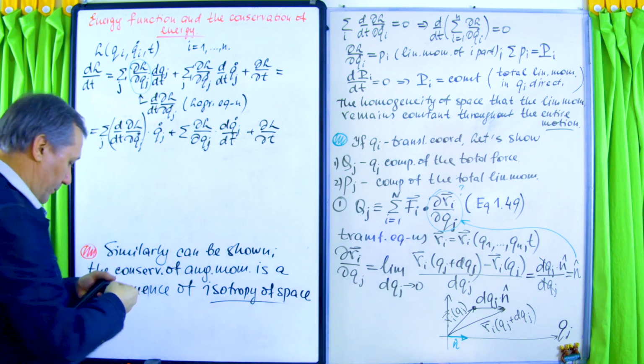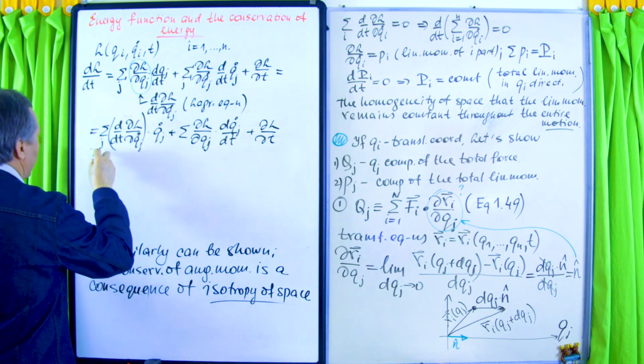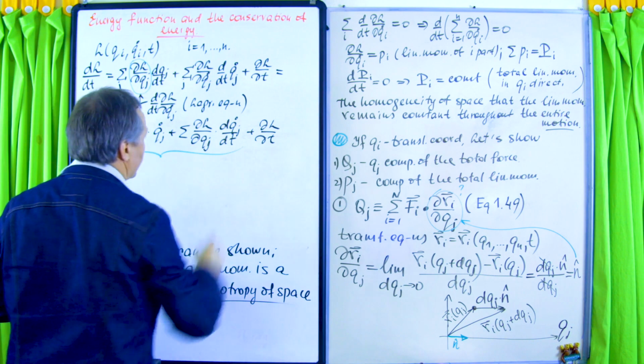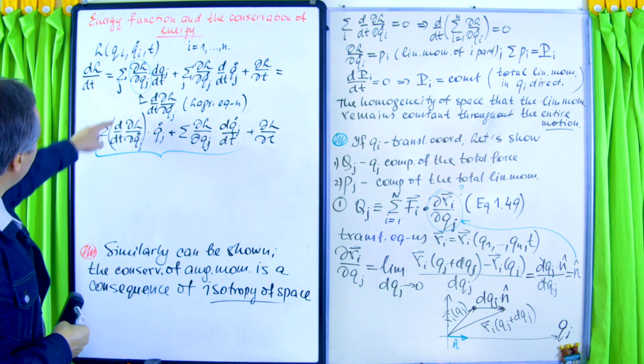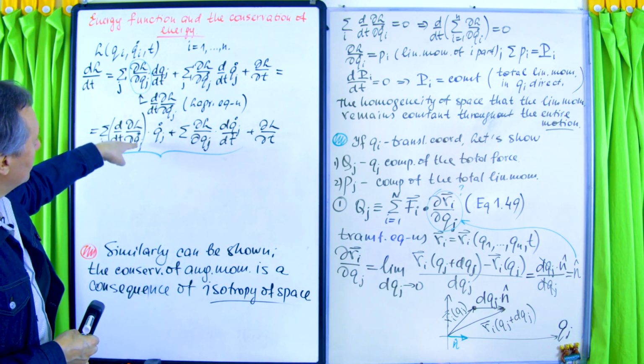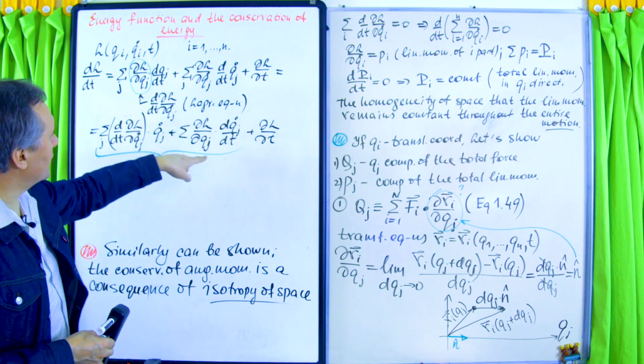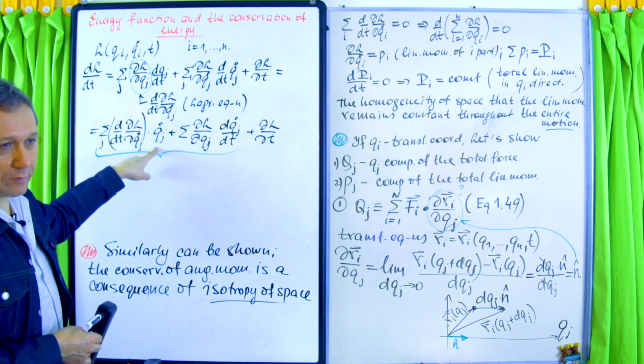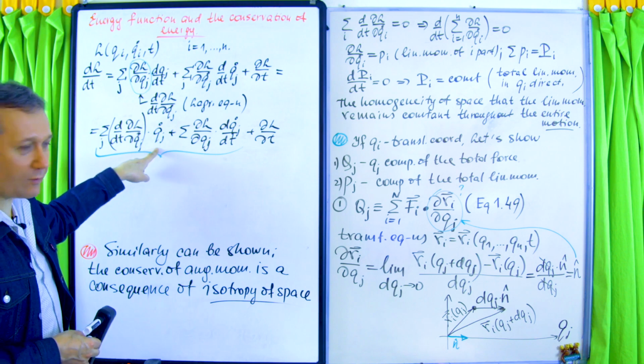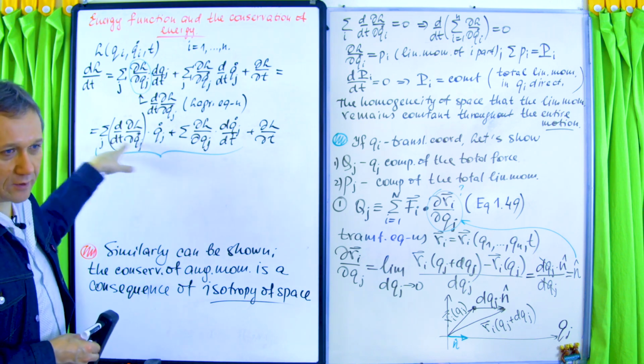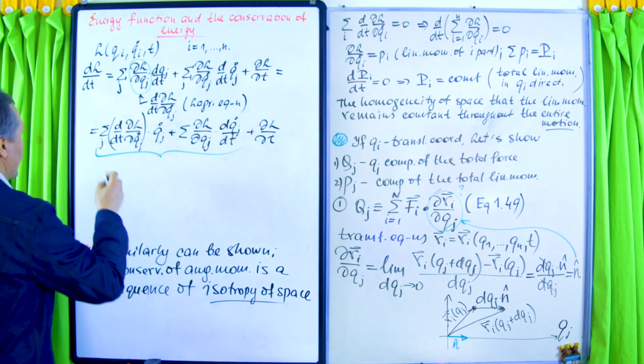Okay, so now, if we look carefully at these first two terms, we have the total time derivative of this function, and then this function's total time derivative of that. It's a total time derivative of a product, this times that, these two terms, right? I think it's obvious.